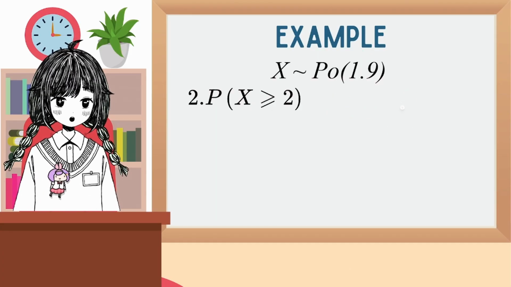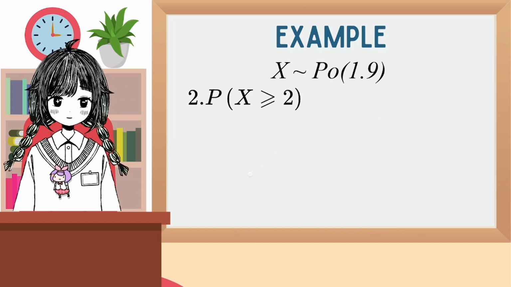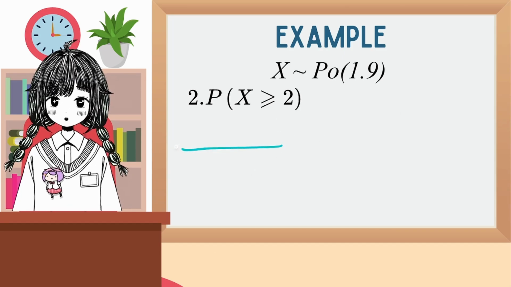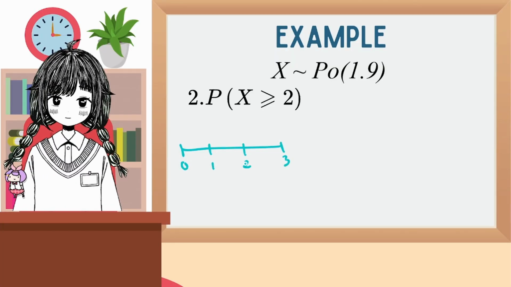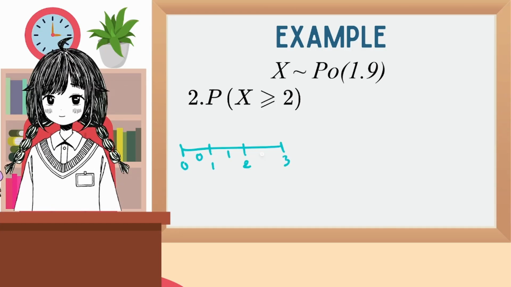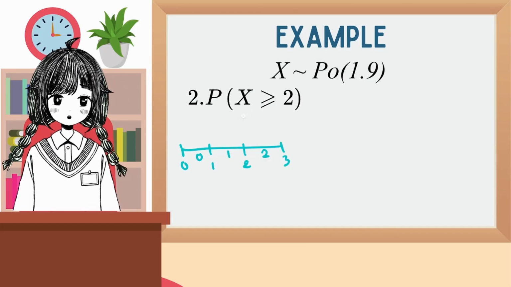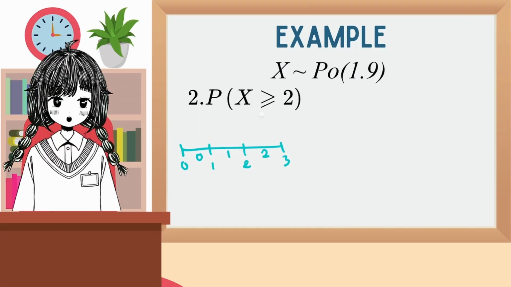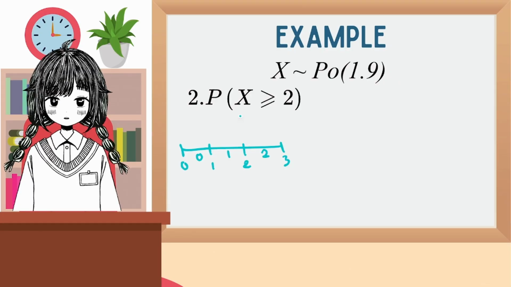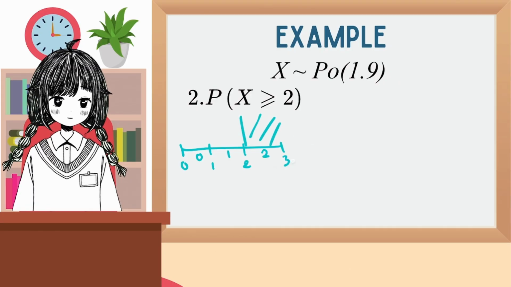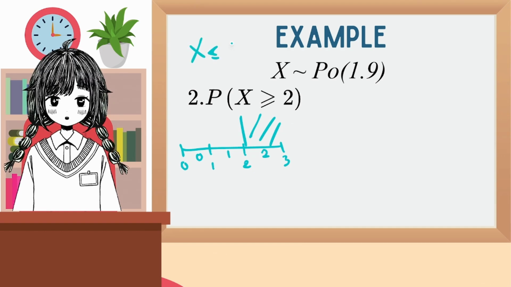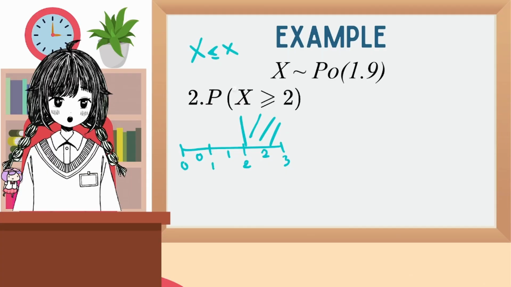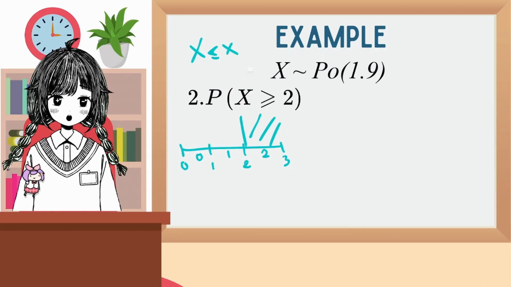Question 2 is P(X more than or equal to 2). In graph form, it should look like this. You see here, more than or equal to 2 means the graph has to include 2. So this is what we want. Since the stat table uses cumulative probability, we only have less than or equal for the number data.